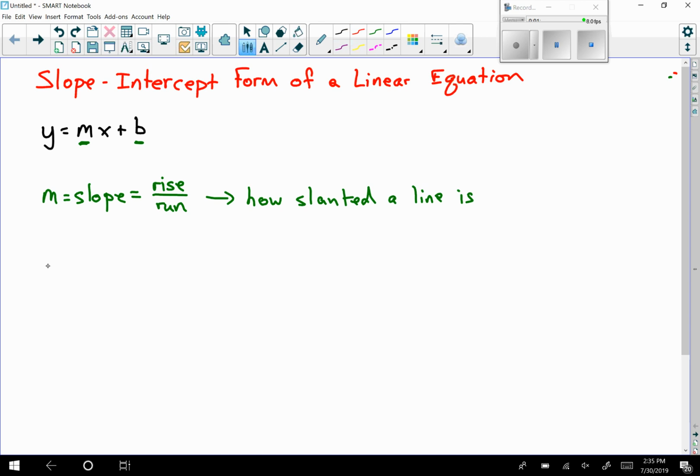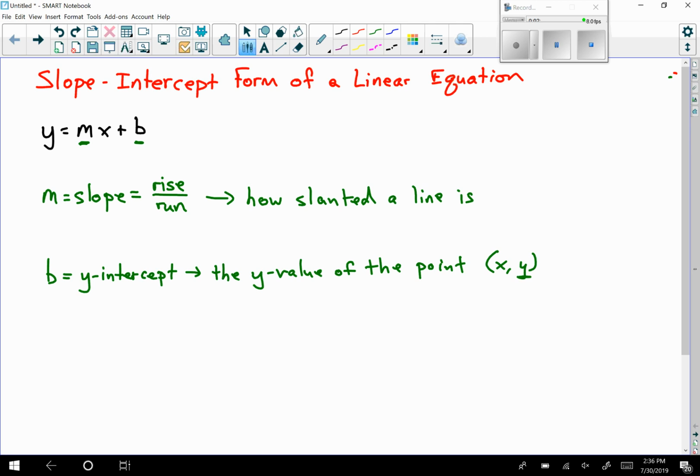B, if you've already looked at my video on horizontal and vertical lines, I talked about what B is representing. But B is the y-intercept. This is the y value of the point where the line crosses the y-axis. Remember, our points are always these ordered pairs x comma y.